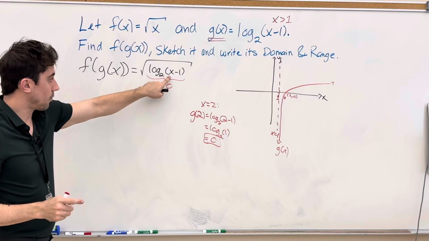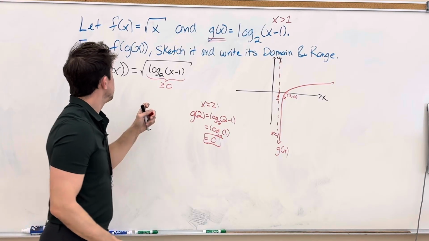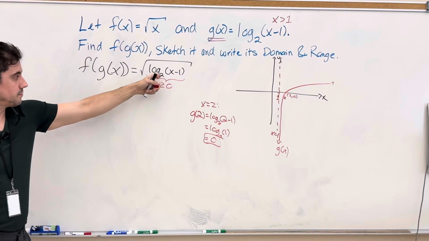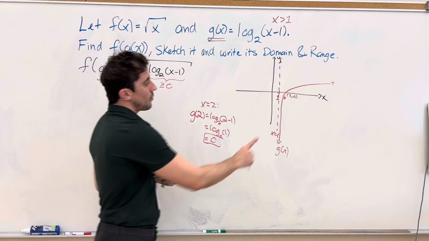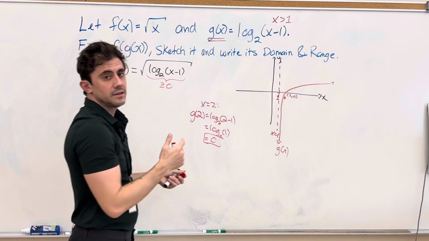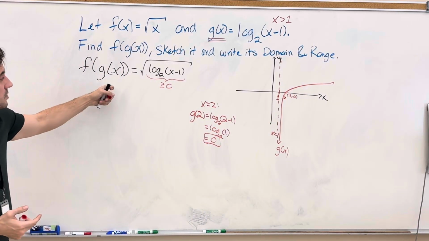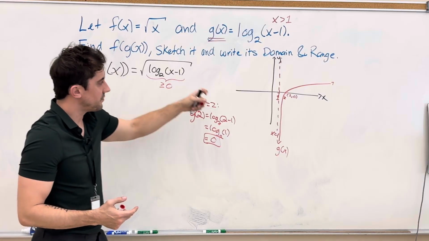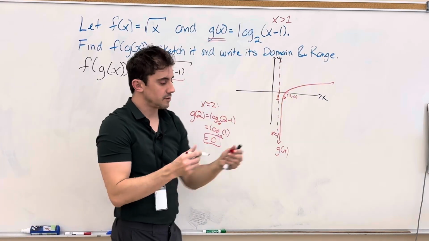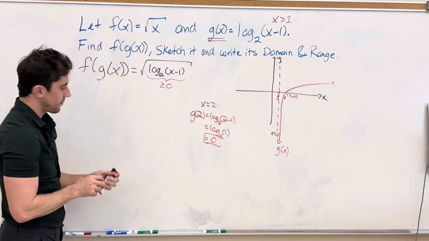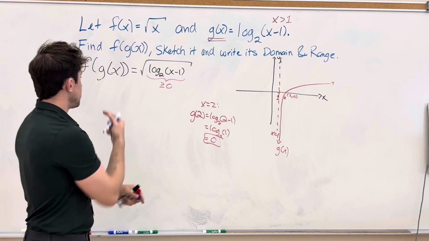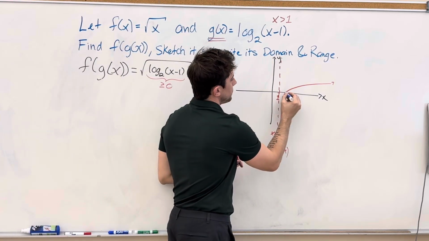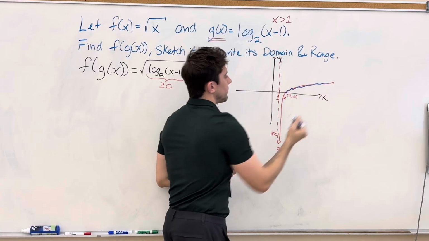That means the y coordinates of that function. That means that we can only start taking the square root of these values when these values are 0 or higher. And so that means for us that the composite function f of g of x is only going to be defined from here on out.